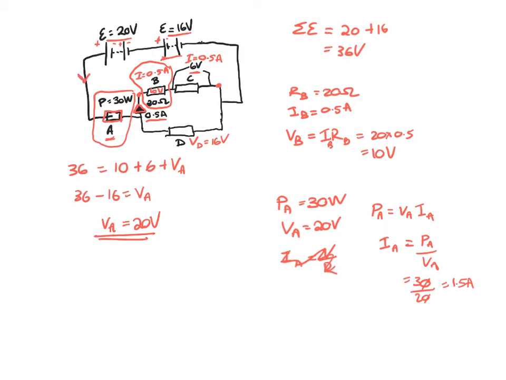So I know that the current now going through the whole circuit is 1.5 amps. And that's the current that goes through resistor A as well.